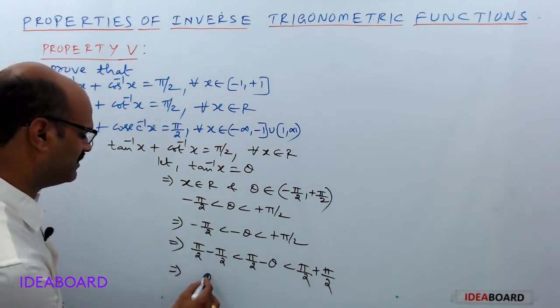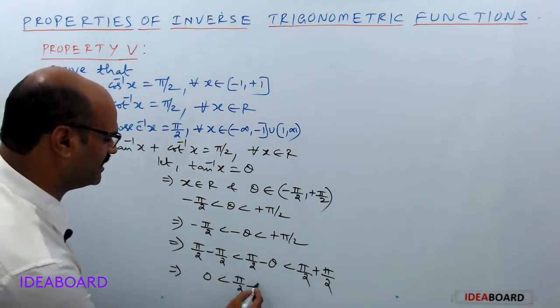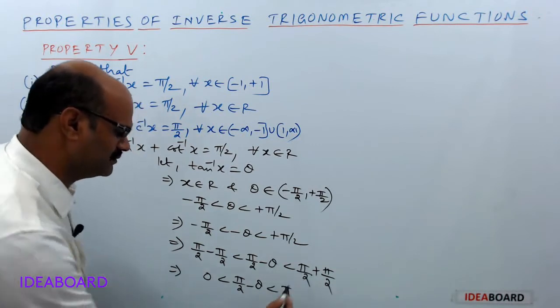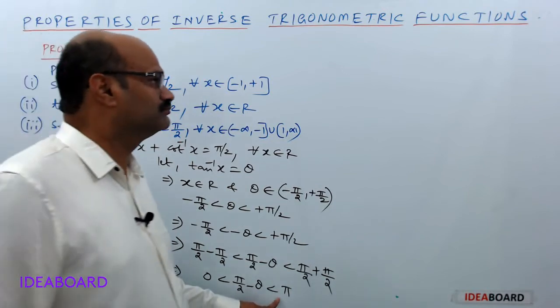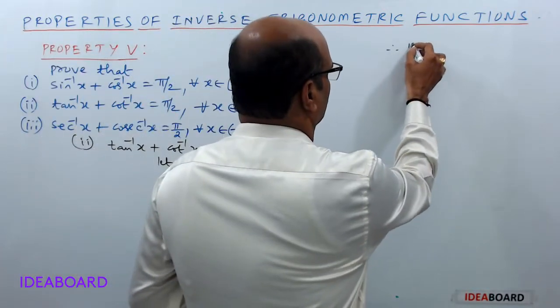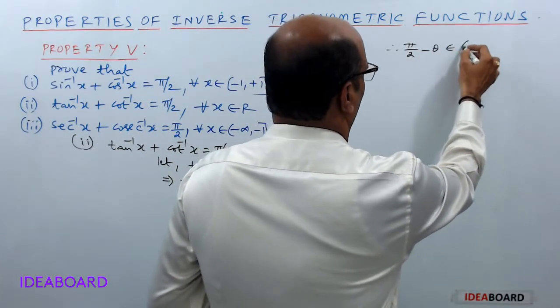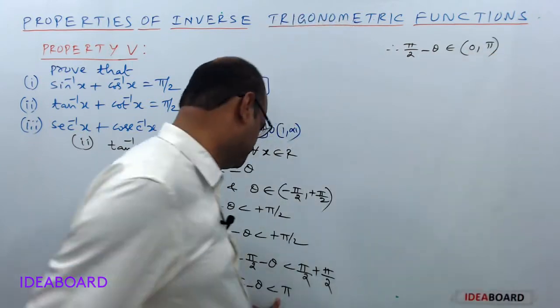So 0 less than pi by 2 minus theta less than pi. Therefore pi by 2 minus theta belongs to the open interval 0 to pi.